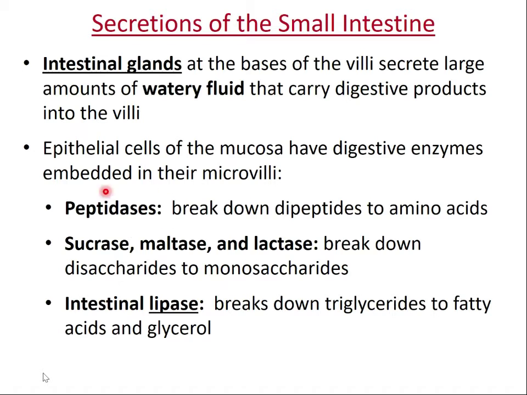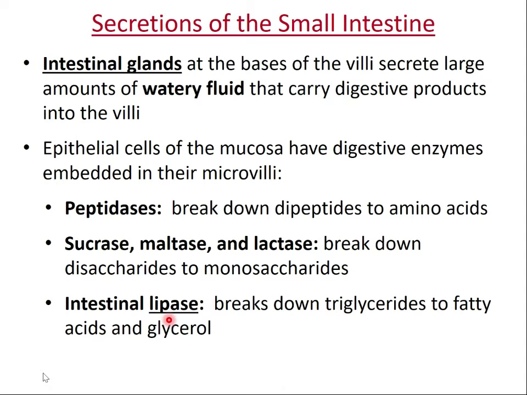Proteins are broken down by peptidases. There are sucrases, maltases, and lactases. There are different types of sugars that are broken down, disaccharides, meaning two groups of sugars, broken down into monosaccharides, two individual sugar molecules. And then we have the intestinal lipases.